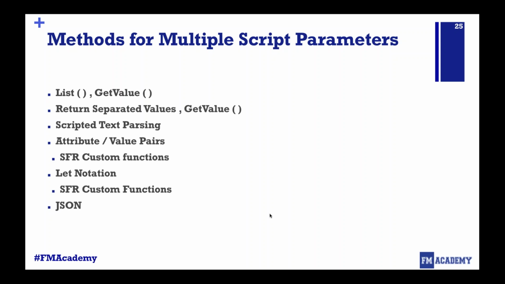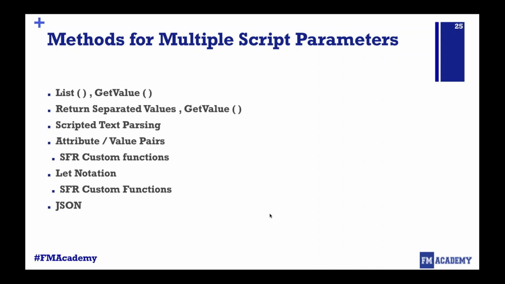People have been finding workarounds, I imagine, since version 7. If you were doing it yourself, I imagine you would probably start off with the list function. With the list function, you can pass multiple values, and then you can do something simple like get value in your script.